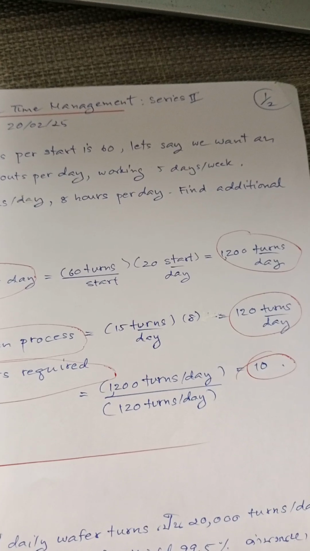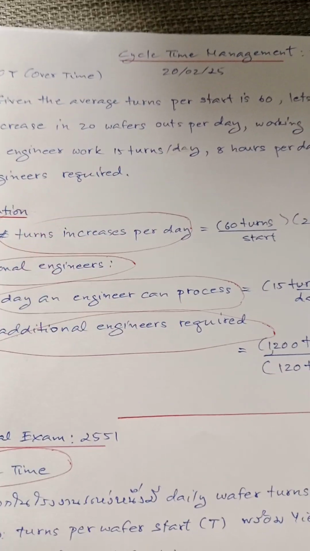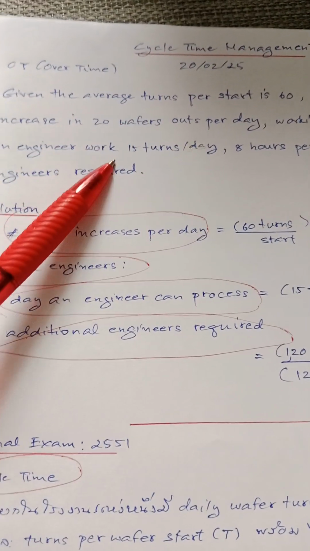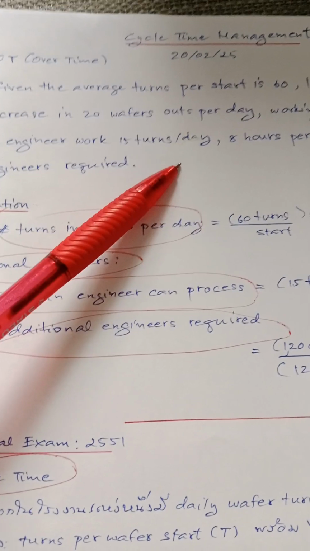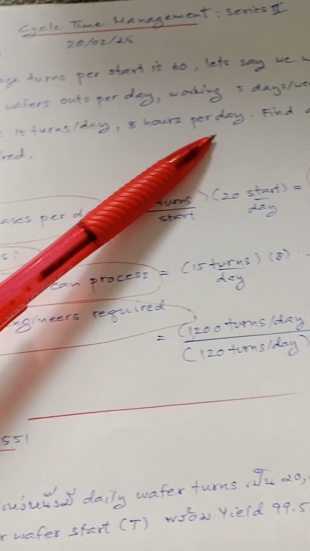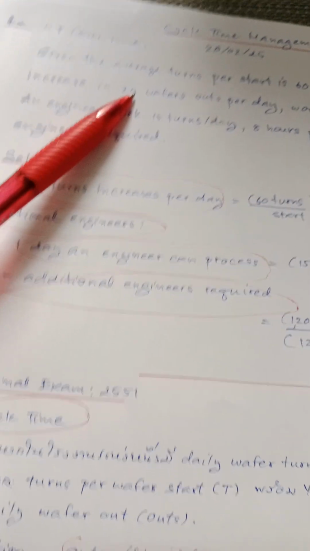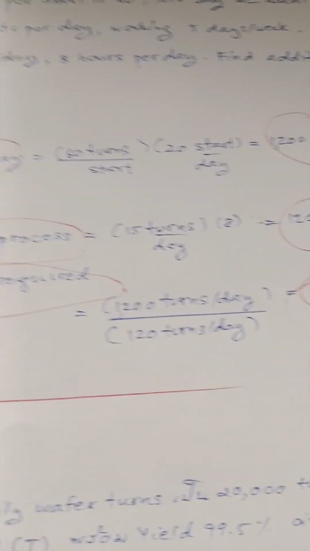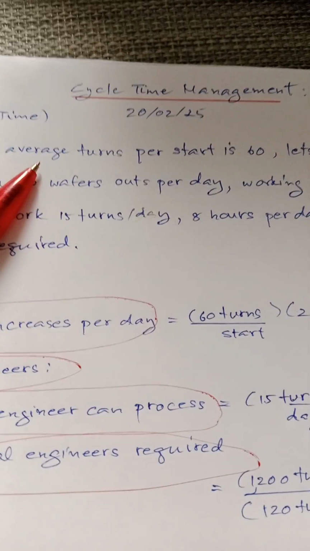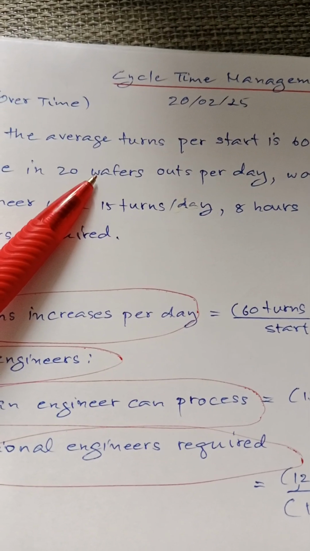Engineers work 5 days per week, and an engineer working for one day can process 15 turns per day when they work for 8 hours per day. How many additional engineers are required? Okay, you just want to increase the number of wafers by 20.